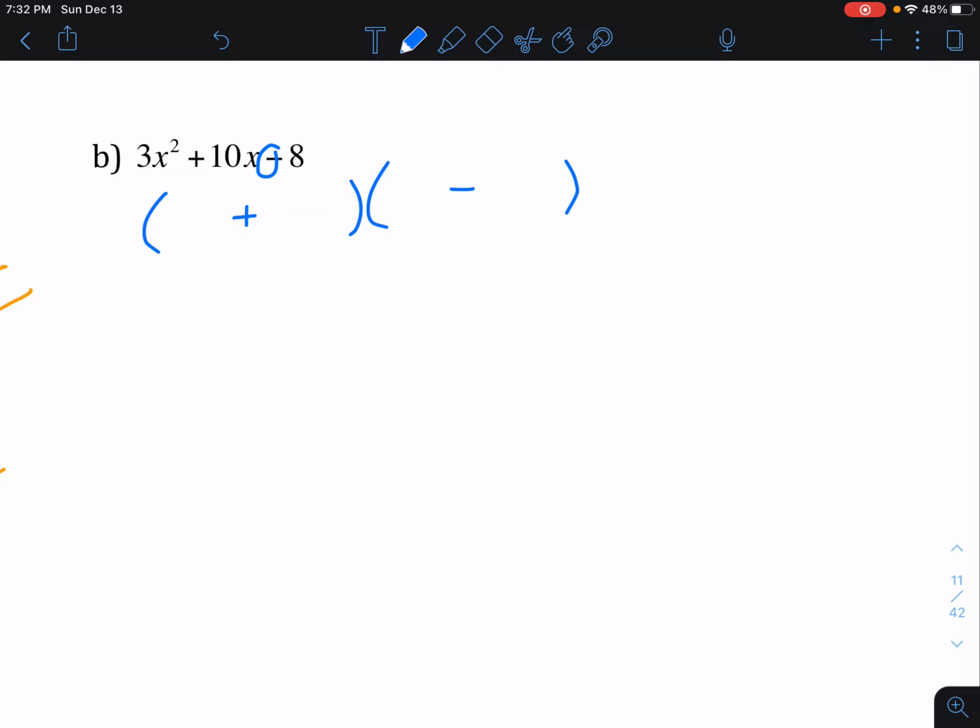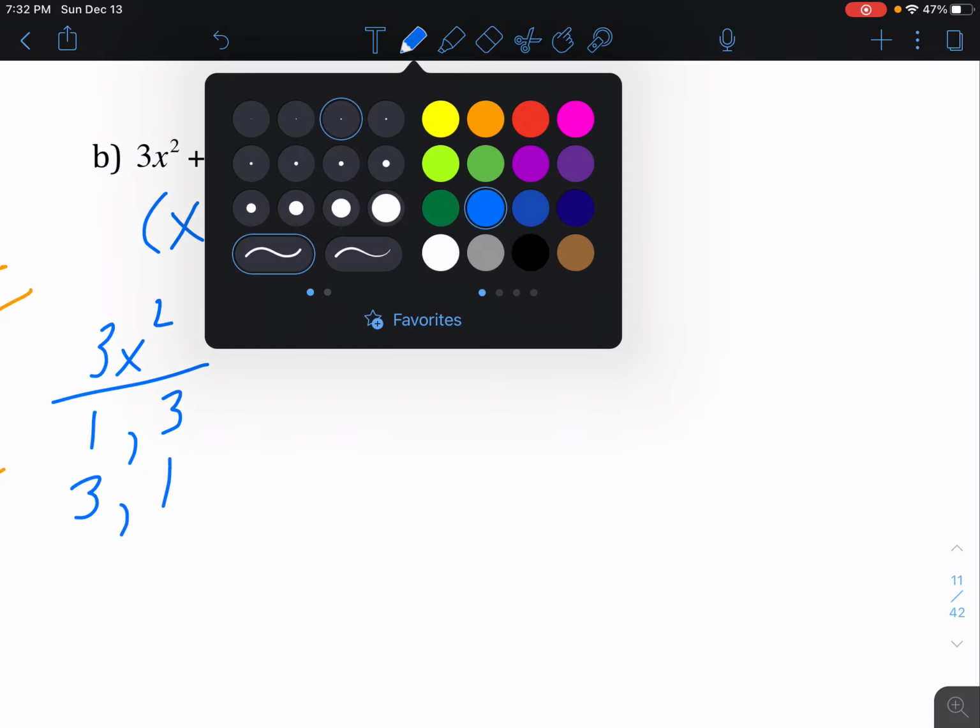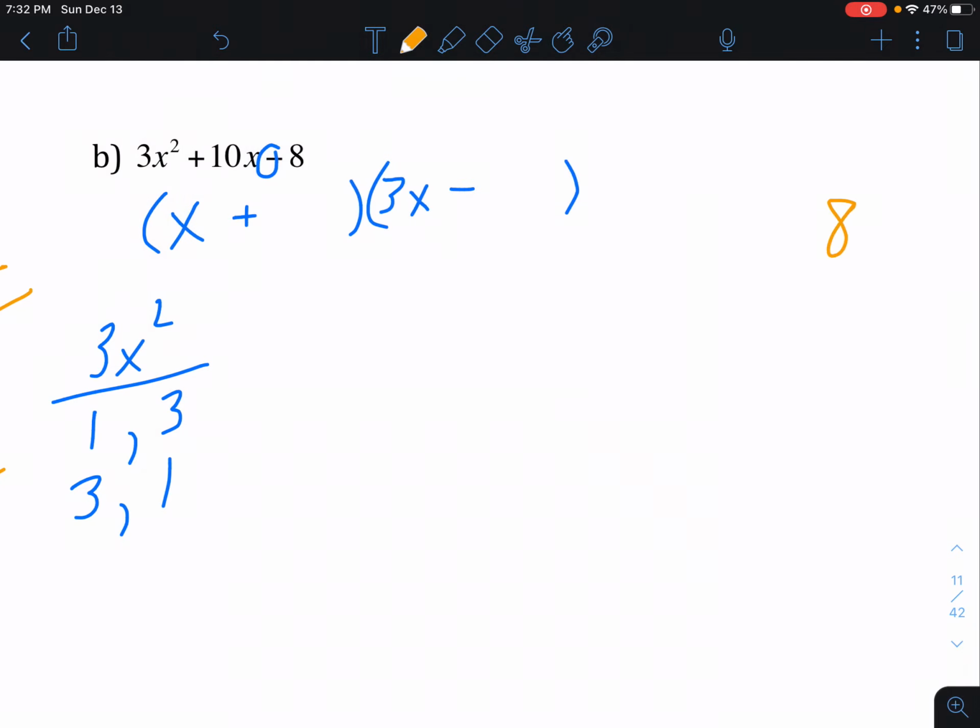All right, so then the A term is 3x squared, so that could be 1x then 3x, or 3 then 1. So we'll go 1x and 3x. Now we're going to pull my 8 to the side. I need factors of 8, 1 and 8, or 8 then 1, 2, 4, or 4, 2.